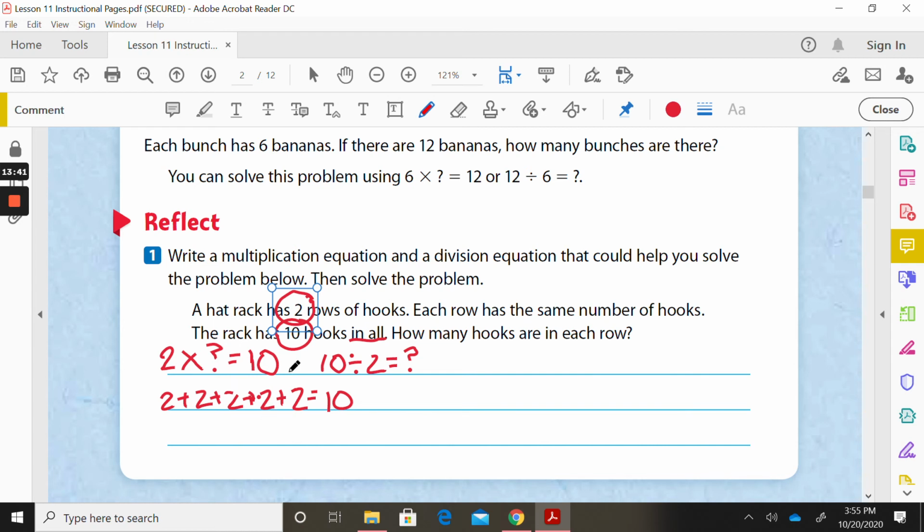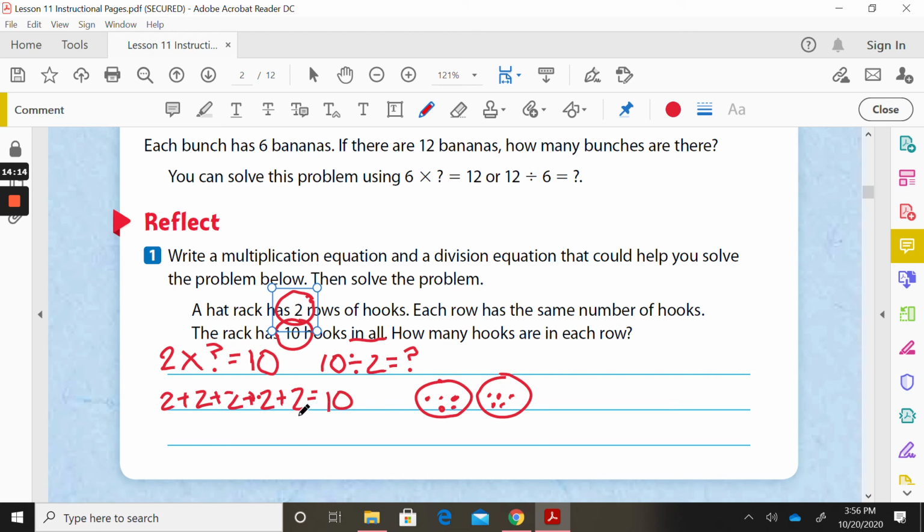If you were dividing, you could make 2 groups, and you could count to 10 and divide: 1, 2, 3, 4, 5, 6, 7, 8, 9, 10. So there are many different strategies that you may have learned earlier on, but any strategy you want to use, these are just a couple.